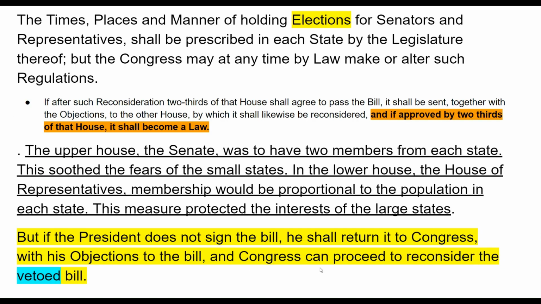So we go down to the underlined item there. The upper house, the Senate, was to have two members from each state. This soothed the fears of the small states. In the lower house, the House of Reps, membership would be proportional to the population in each state. This measure protected the interest of the large states. Ta-da.